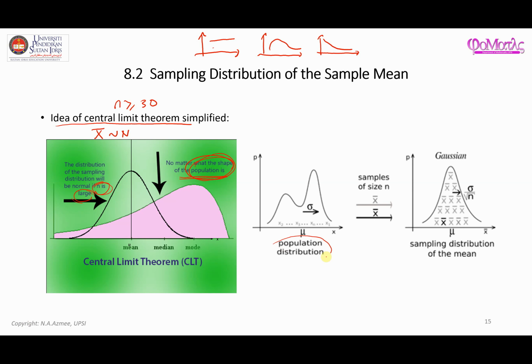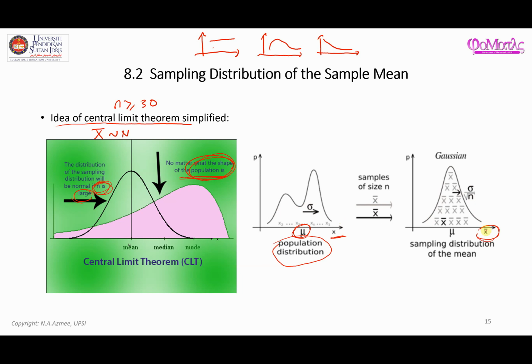So this could be the original population distribution. This could be our x. It can have whatever shape. The mean here is mu, and the spread of the graph, the standard deviation, is sigma. If you take a large sample size n, our x bar is going to have a normal distribution.